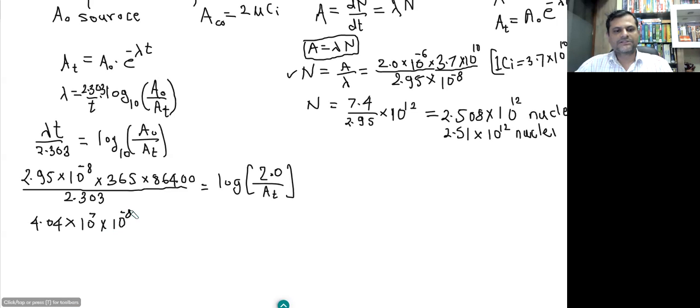But don't forget that this 10⁻⁸ has not been taken into calculations, so that's why it will be 10⁻⁸ kept as it is here in the left hand side, so that we can get this to be log of the ratio of this 2.0 upon A, and that is to the base 10 obviously. Okay, so this 10⁻⁷ और 10⁻⁸ कैंसिल होके 10⁻¹ बचता है. ठीक है ना, जिसकी वजह से ये पॉइंट जो है वो एक डिजिट और लेफ्ट साइड में शिफ्ट हो जाता है. तो इसको हम लिख सकते हैं 0.404.